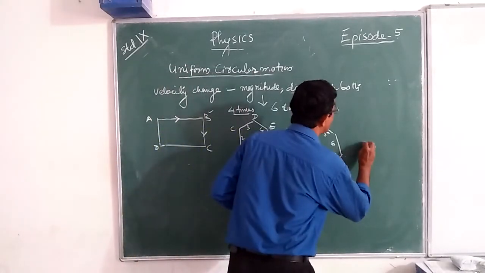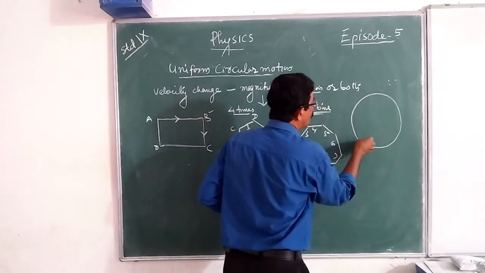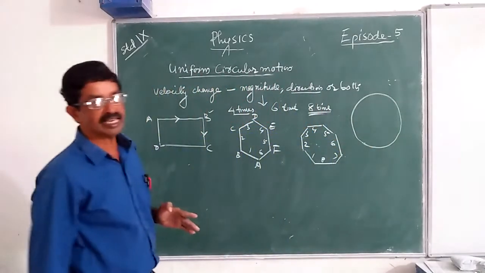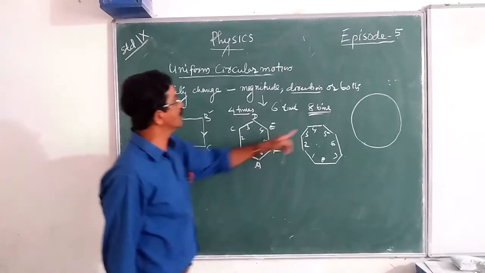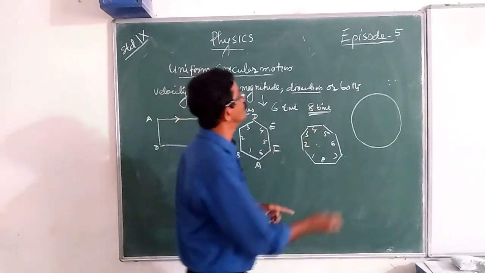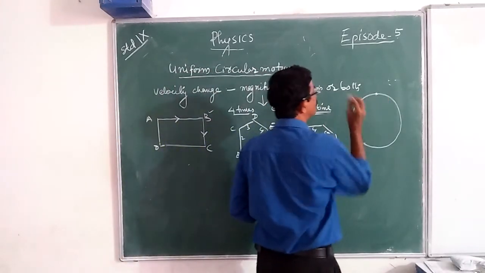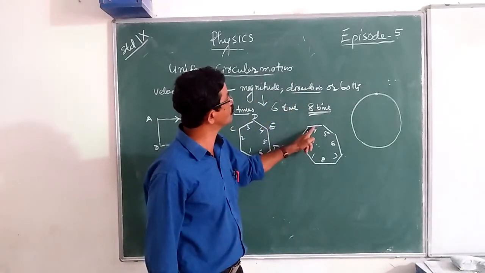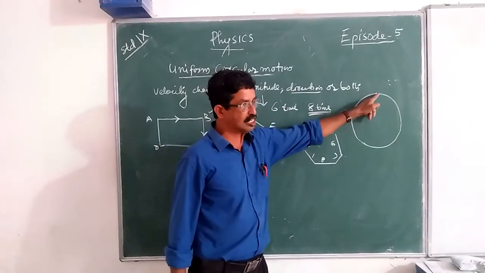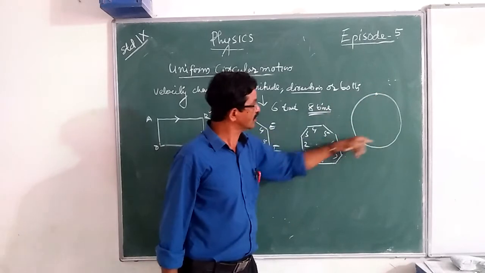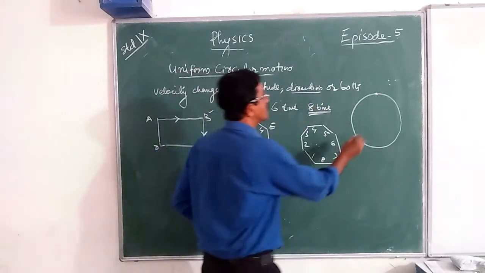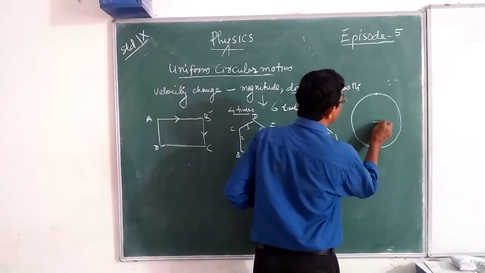So the path becomes a circular one, and the length of each side of the path now changes to a point. Okay. Now consider the radius of this path as r.